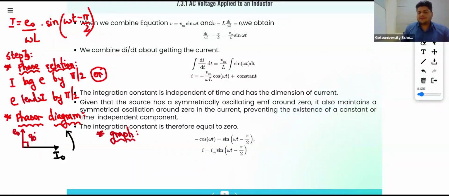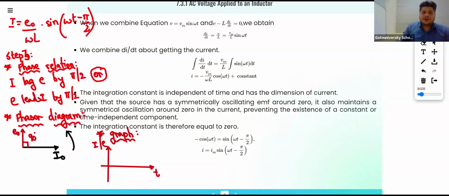In the case of the graph, we have current and EMF versus time. So what is current, what is EMF, and how to plot this?